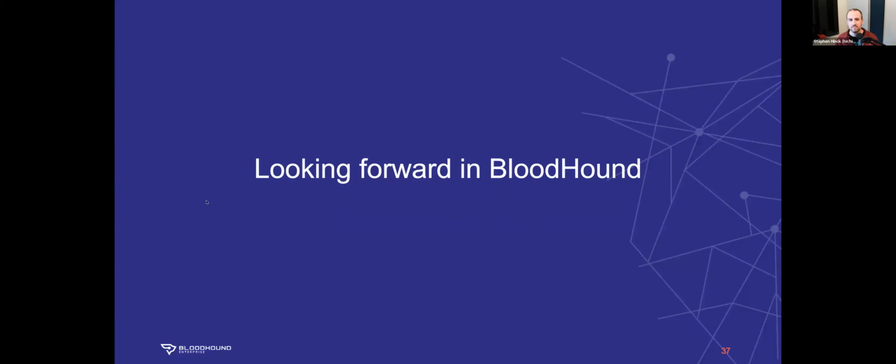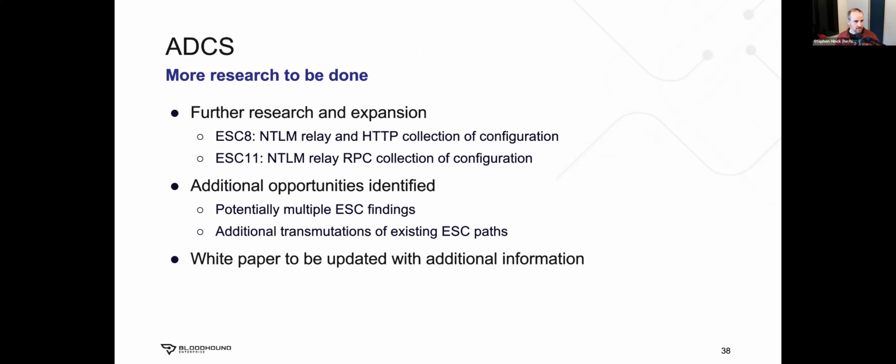All right. Looking forward beyond what Andy just showed. We've got more to do, even in ADCS. Andy just mentioned ESC5 is currently melting his brain onto his shoulders and floor. This is really complex.